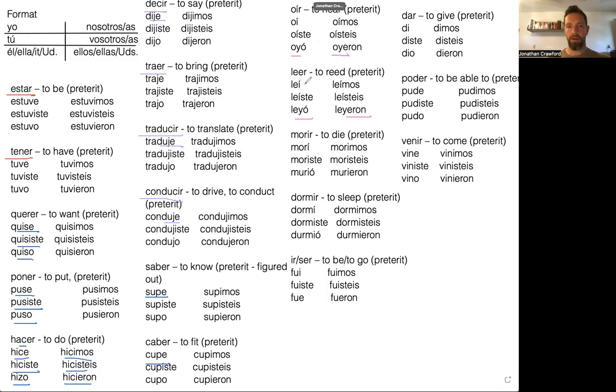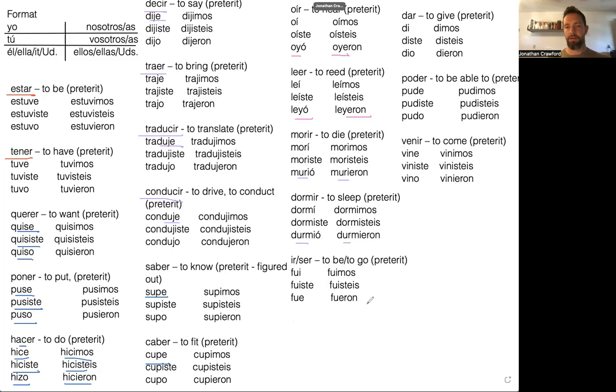And so oír and leer are similar. Also, a third person stem changer is morir and also dormir, where the O turns into a U, but just in the third person. So you have murió, murieron, durmió, durmieron.